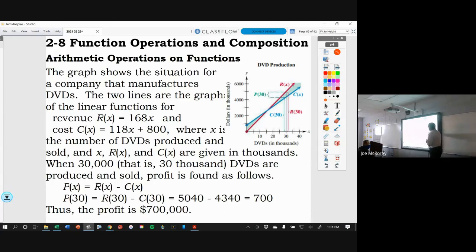Just out of curiosity, does anybody have any idea what that point right there would be called? Mathematically, we call that intersection, but let's put that in the business world. The money spent is equal to the money that you brought in.